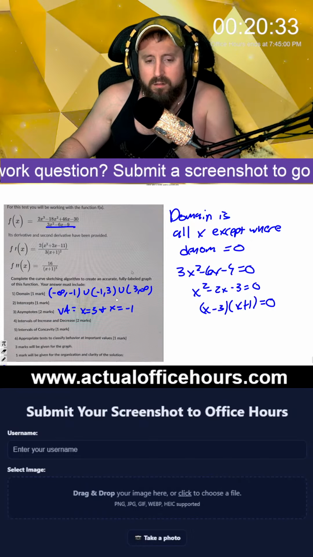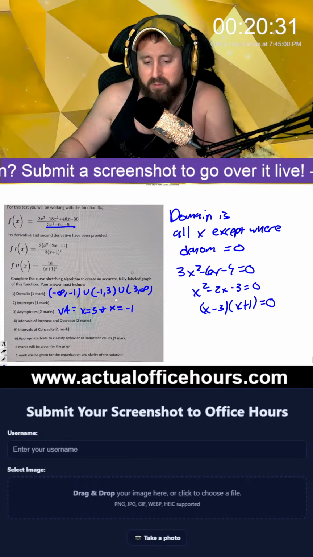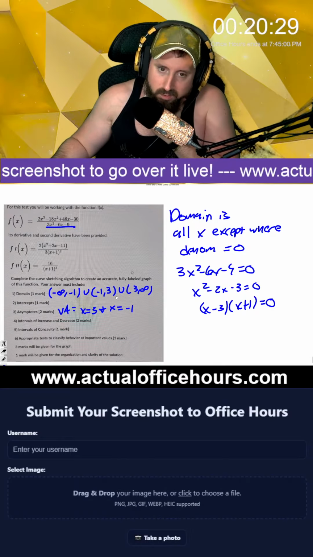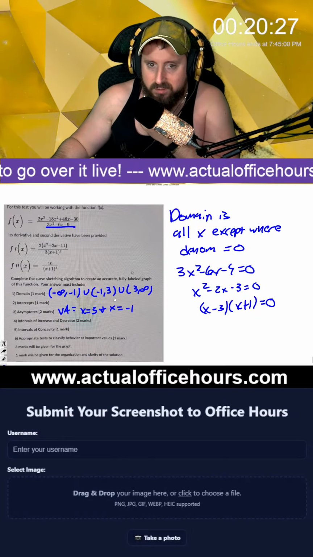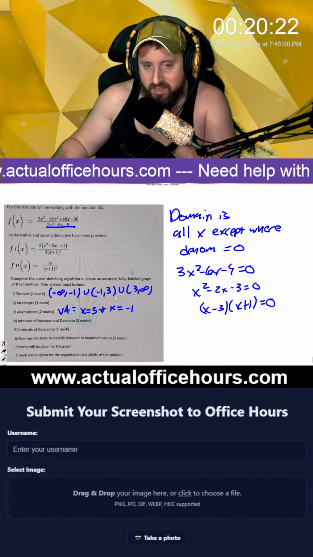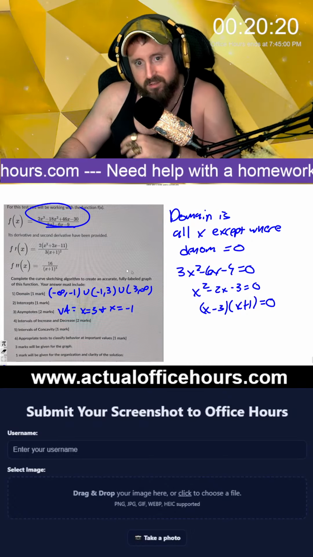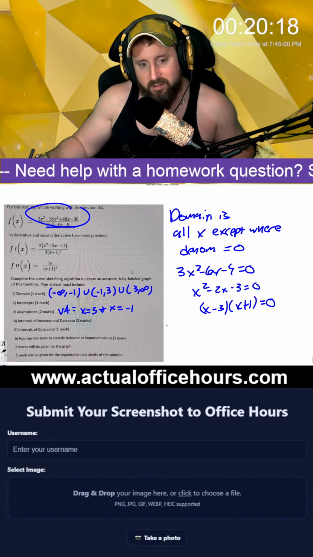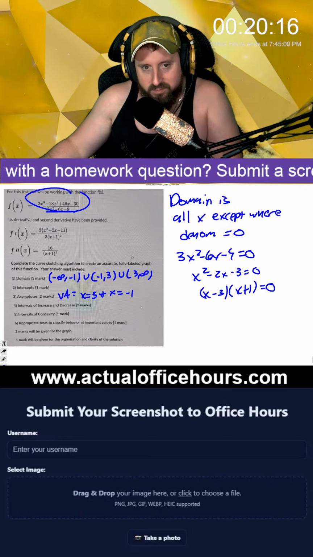Intercepts. Oh, that's ugly. Because, yeah, this doesn't factor very well, does it? Okay.